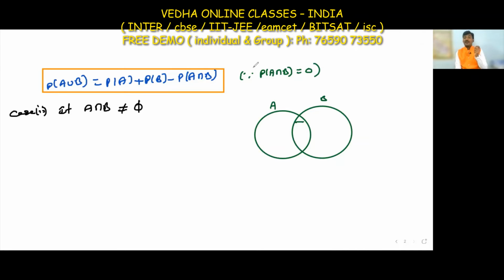That's why probability of A intersection B is not equal to phi, meaning some part, some value is there. It is not equal to 0. Probability is not 0. And A union B is the union of disjoint sets.